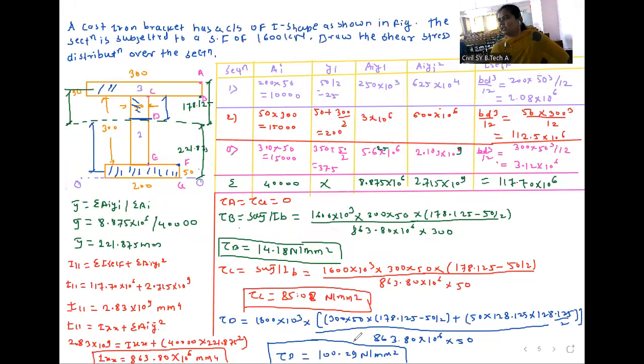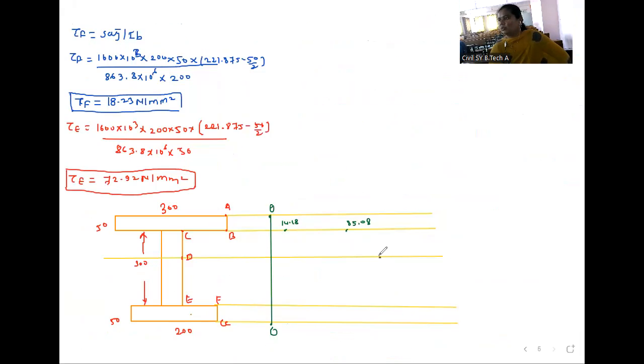After that, shear stress at D is 100.29, so suppose here 100.29. After that, shear stress at E is 72.92, and shear stress at F is 18.23.